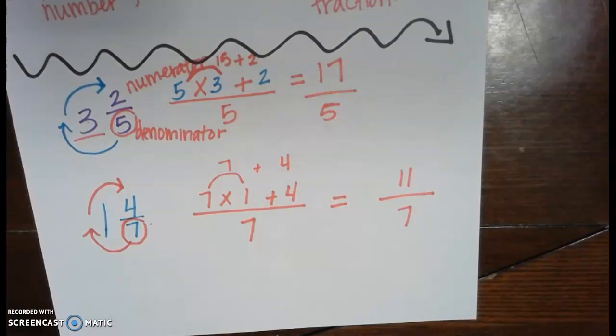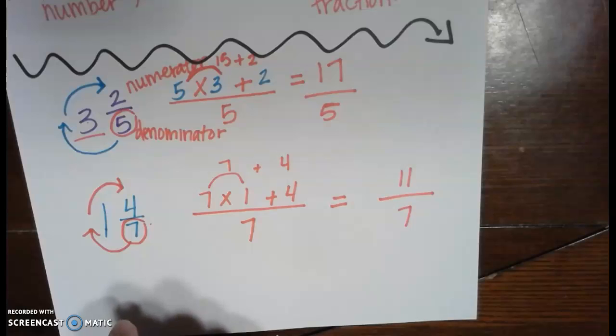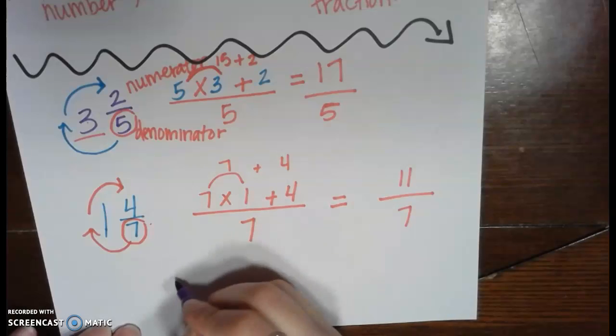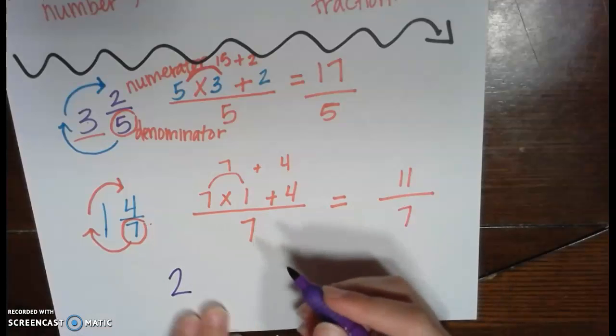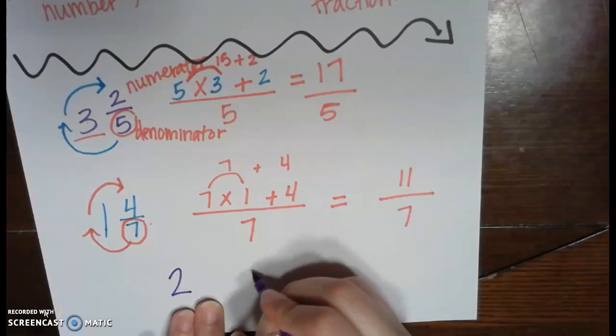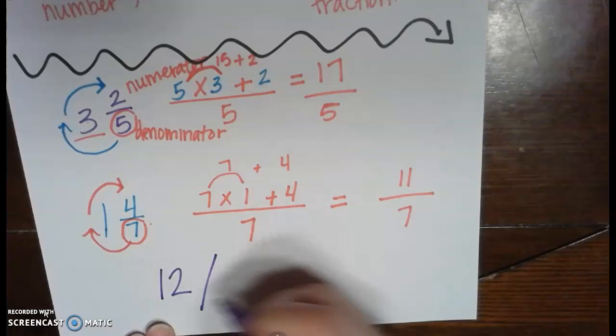Also, in Google Forms, your fractions are not going to look like this. So it might look a little funky. So my whole number might be 2, and then my fraction will look like, let's see, actually my improper fraction is 12 over 3.